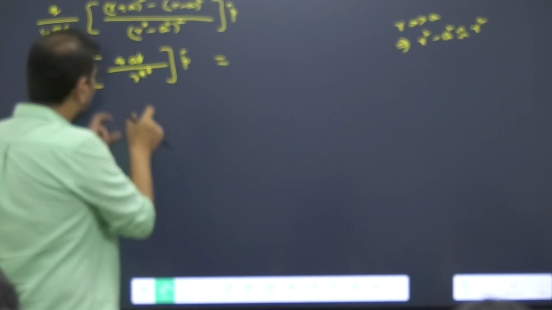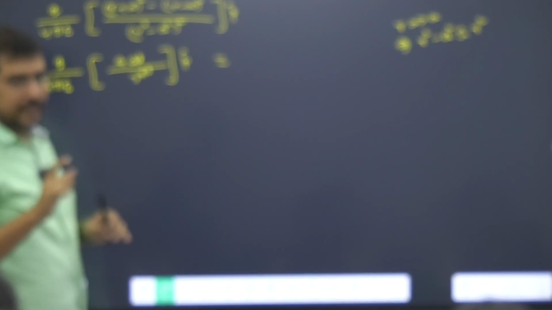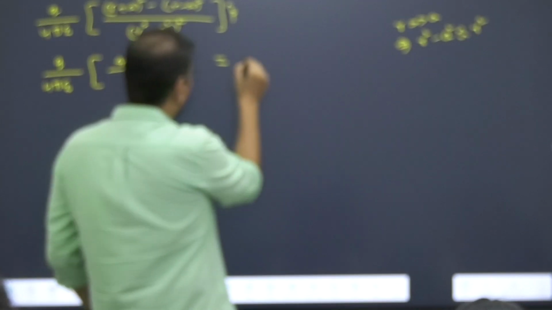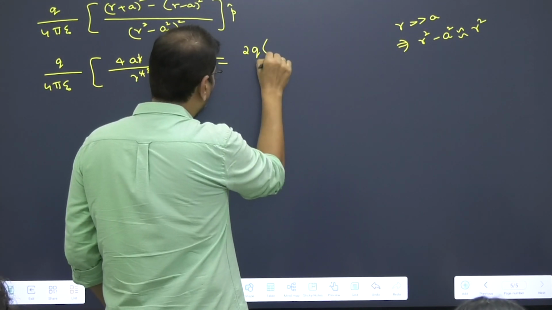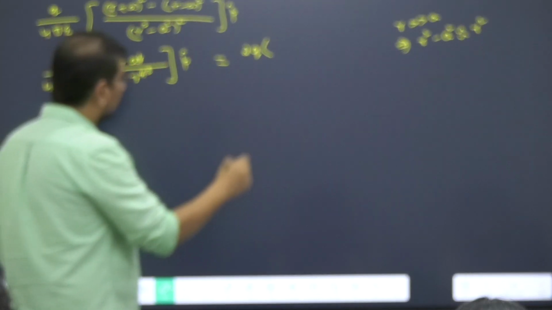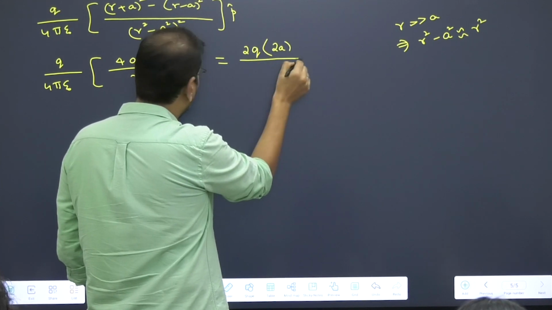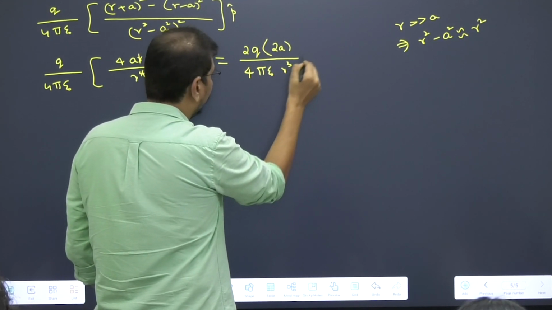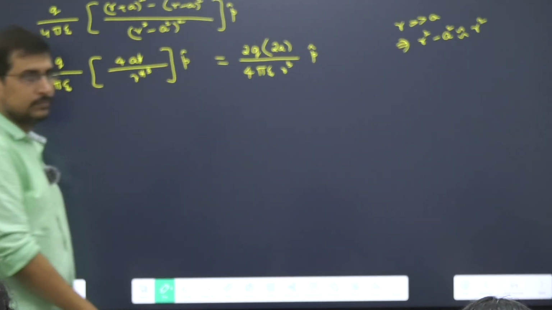Now this 4a is there, no? This 4a, I'll break it as 2 into 2a. So when I do that, can I write it as 2q into 2a divided by 4 pi epsilon naught r³ times p cap? Can I write it like this?